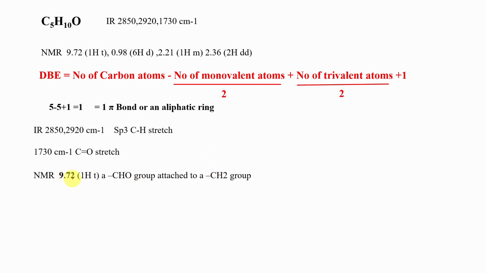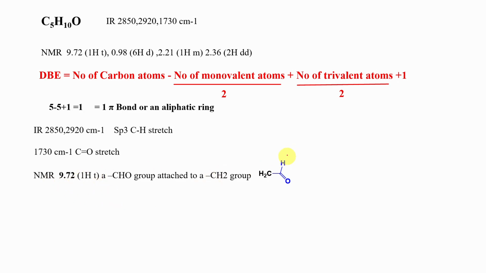You know this 9.72 value is of the CHO group, I mean the proton NMR value of the CHO group. It gives 9.72, one proton triplet, because the CHO group is attached to a CH2 group. That is why it gives 9.72, one hydrogen triplet.